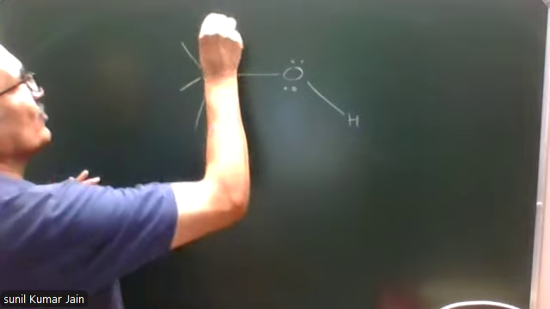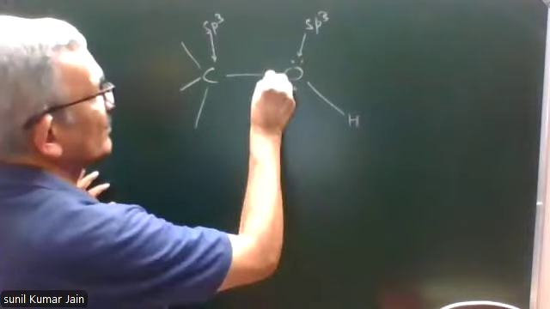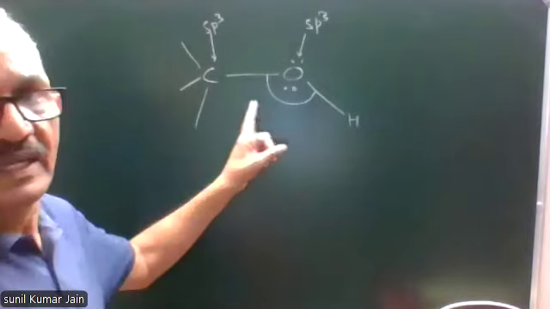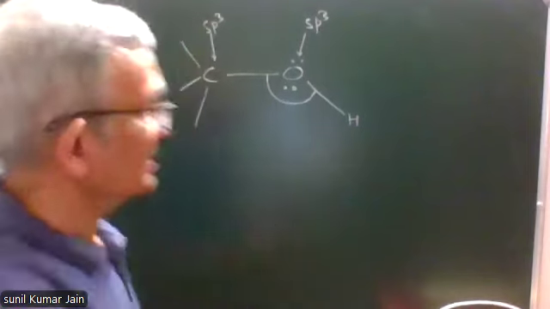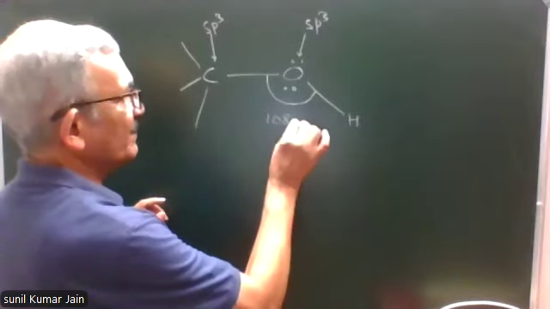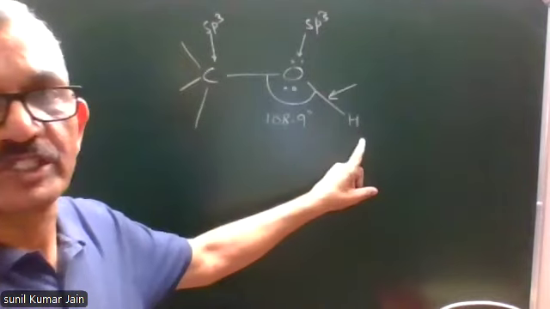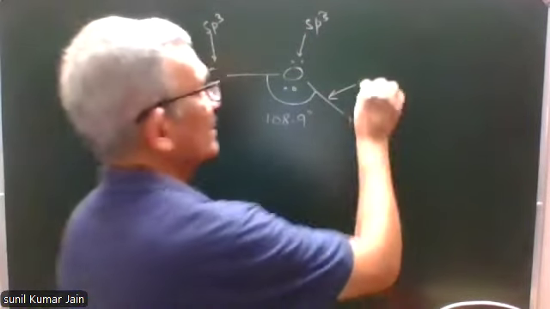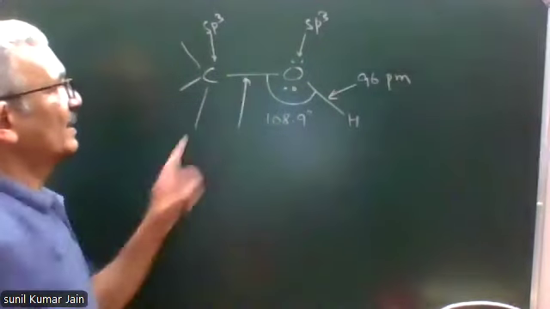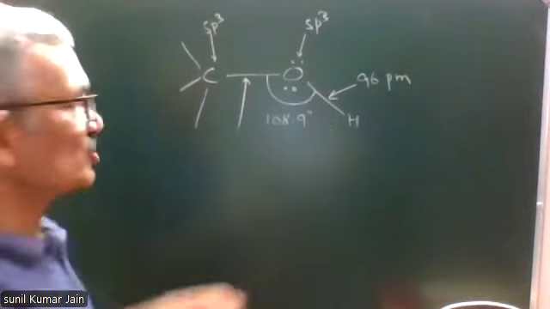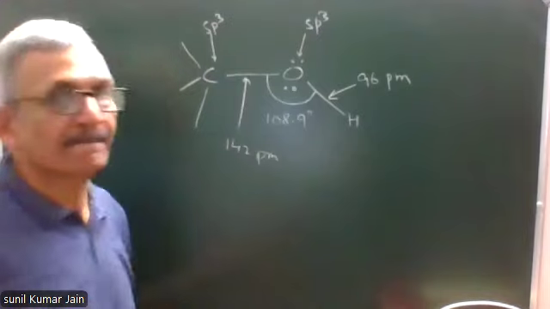Carbon sp3, oxygen sp3. The carbon-oxygen-hydrogen bond angle is 108.9 degrees. Oxygen-hydrogen bond length is 96 picometers. Carbon-oxygen bond length is 142 picometers.